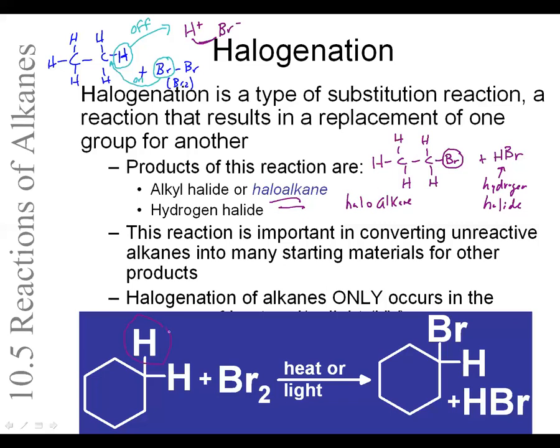So one will come off, and again, one of these will come on in its place. Usually you need heat or light to do that. Everything's the same. The ring doesn't open or anything weird like that. You just put a bromine on there and you get bromocyclohexane at the end.